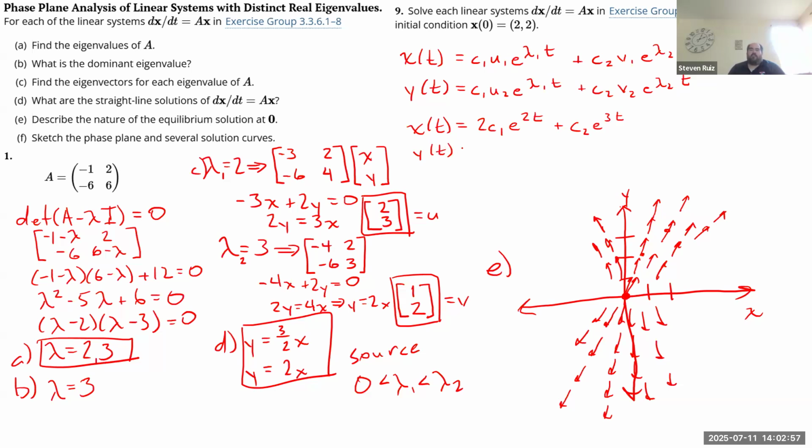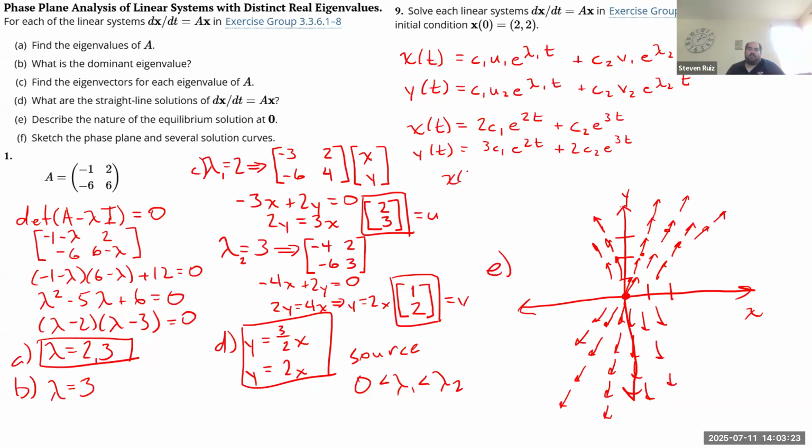And y of t equals c1 u2, so 3c1 e to the 2t plus 2c2 e to the 3t. So this is our general solution. The only way we can get the constants is if we know the initial condition, which we do.